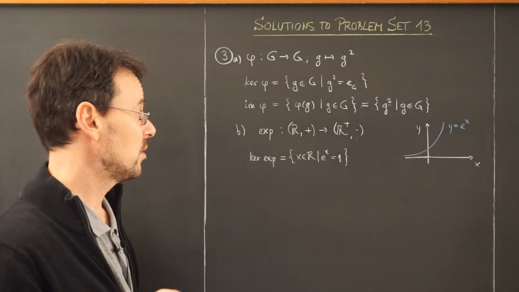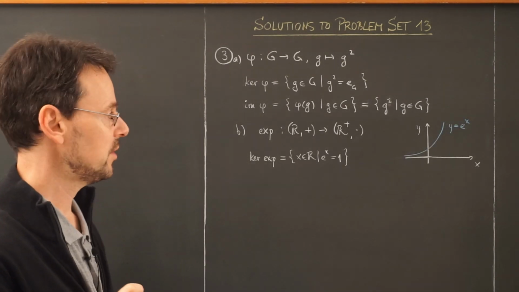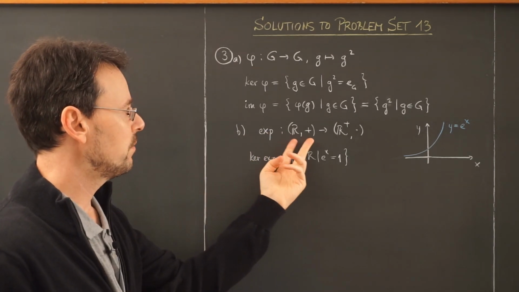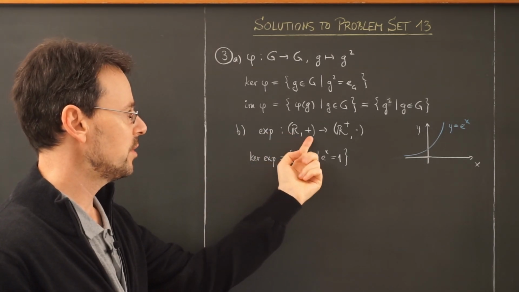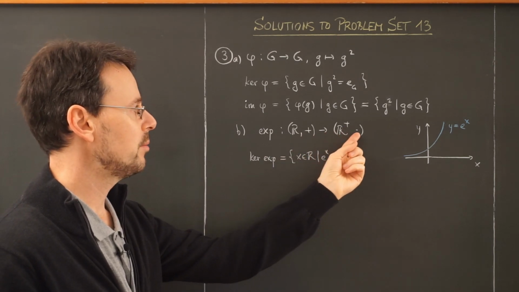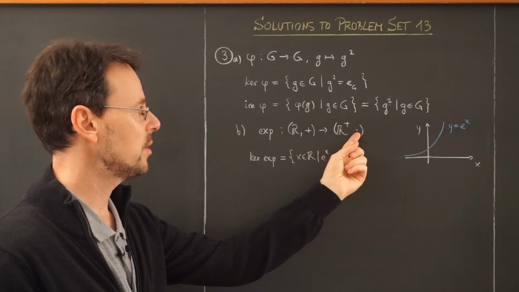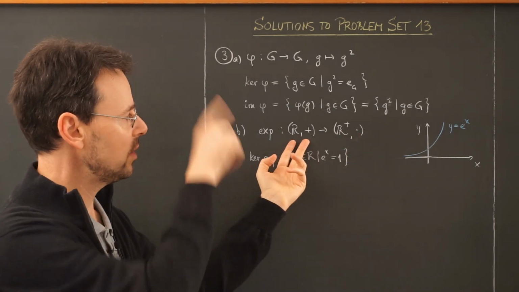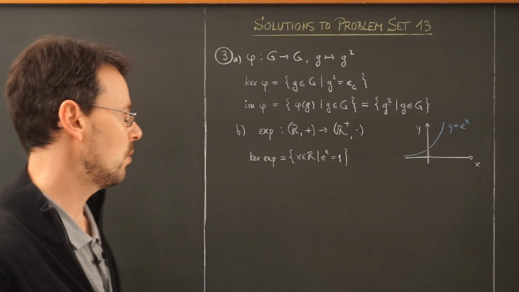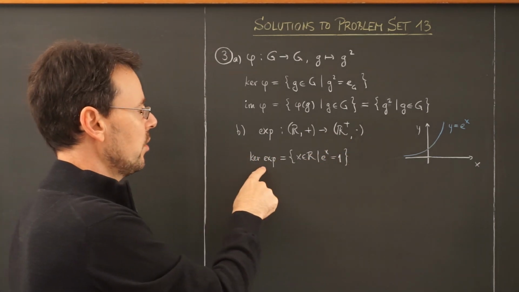Okay, next, the good old exponential function, which, as we established, is a group homomorphism from the real numbers together with addition to the positive real numbers together with multiplication, because e to the x plus y is the same as e to the x times e to the y. Now, what is the kernel of this map?